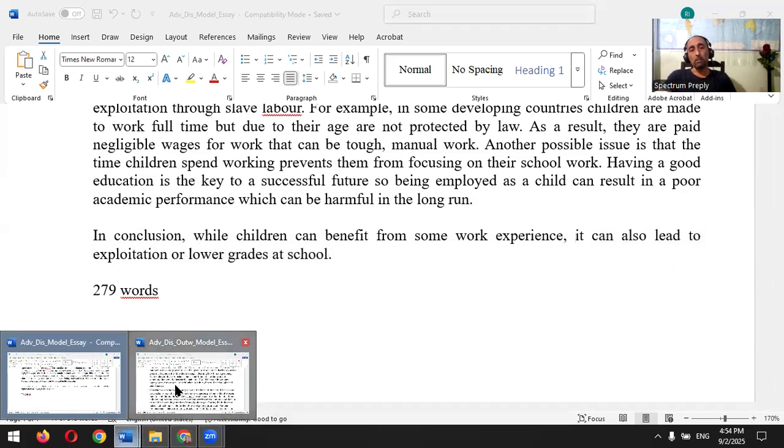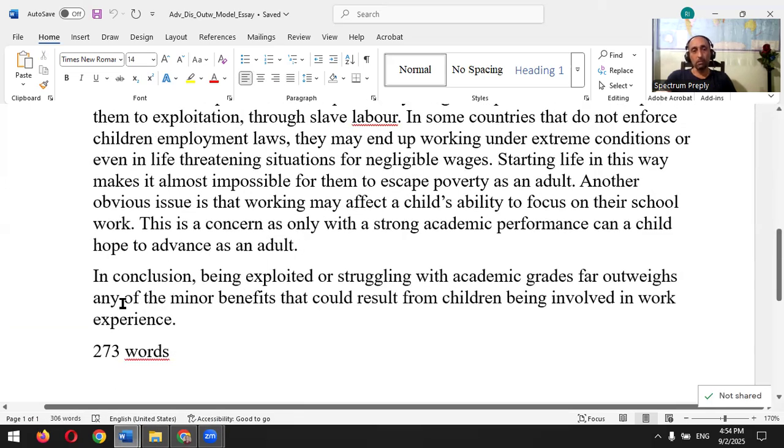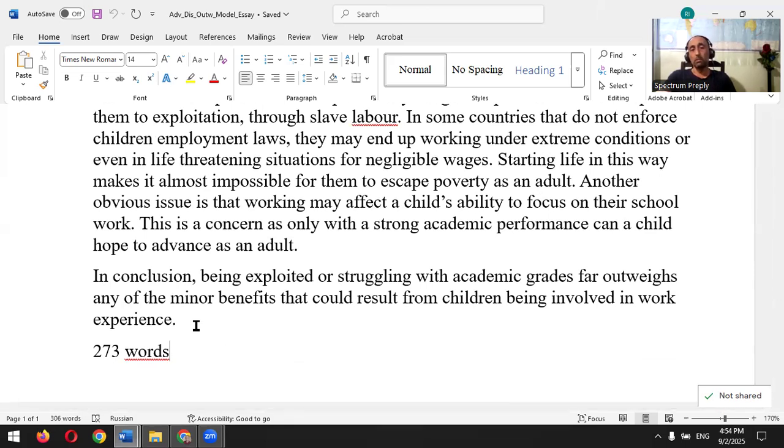In the other type of essay, in which we're asked for our own opinion, you can see that it's completely different. "Being exploited or struggling with academic grades far outweighs any of the minor benefits that could result from children being involved in work experience."